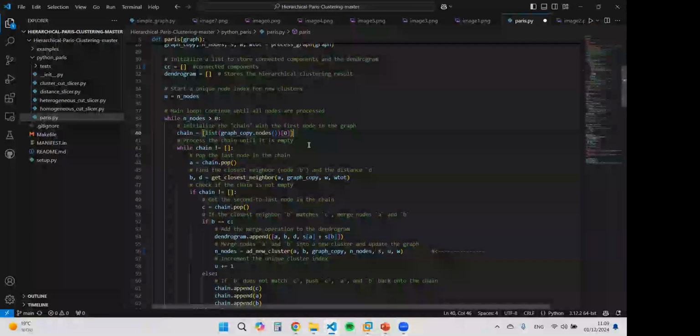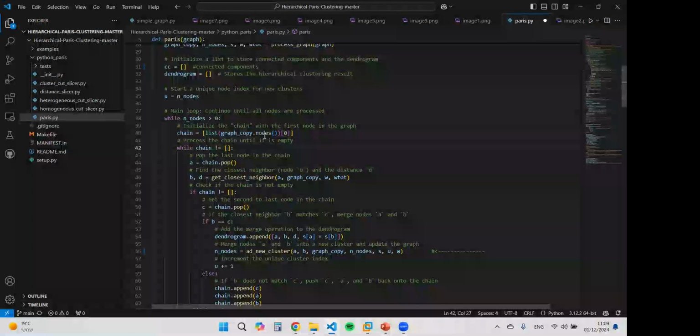And we have to process this until the chain is empty, until we get everything out of there. Sorry, the chain is not the adjacency matrix. It's, let's say, a queue that uses the adjacency matrix.